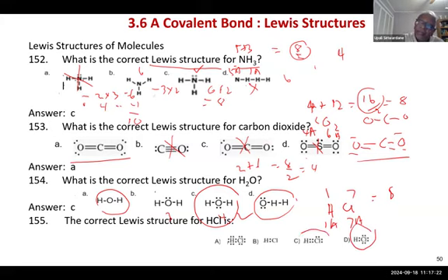The rest of it is wrong: there's no double bond between two chlorine, that's not correct. This is only 2 electrons. There, hydrogen has a lot more electrons. Hydrogen cannot have more than 2 electrons. Therefore, the answer is D.